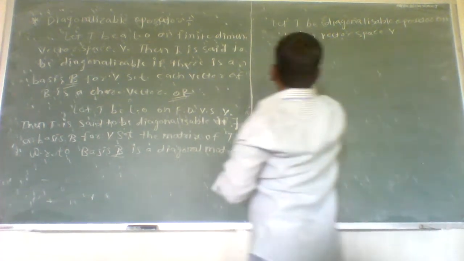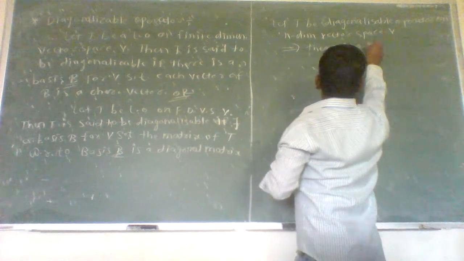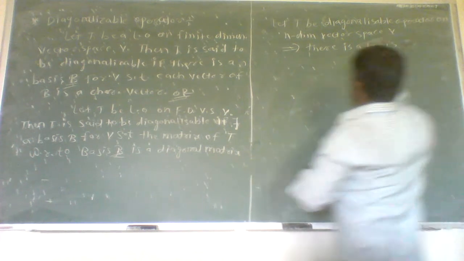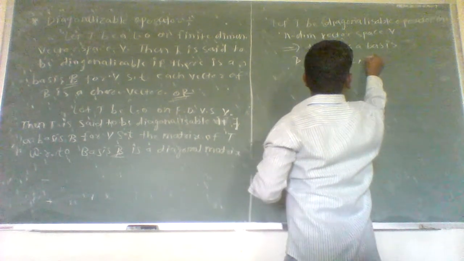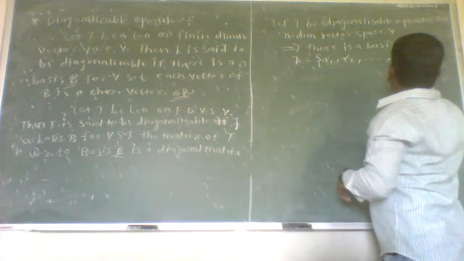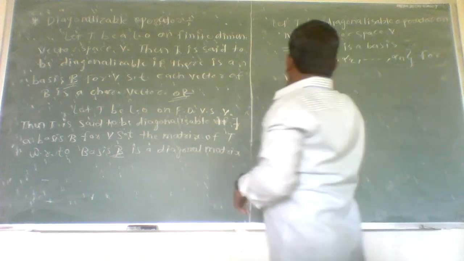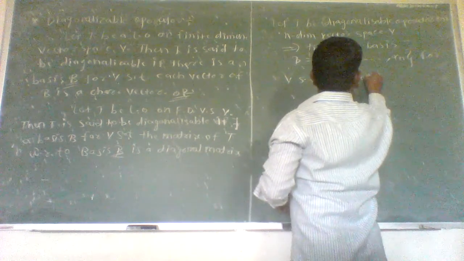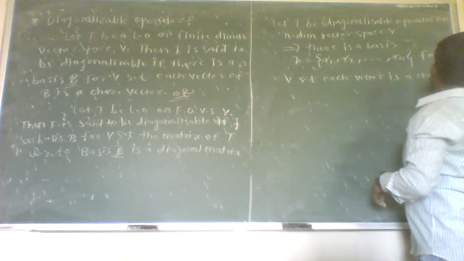This implies there is a basis curly B, that is curly B equal to alpha 1, alpha 2, up to alpha n, for V such that each vector is a characteristic vector.